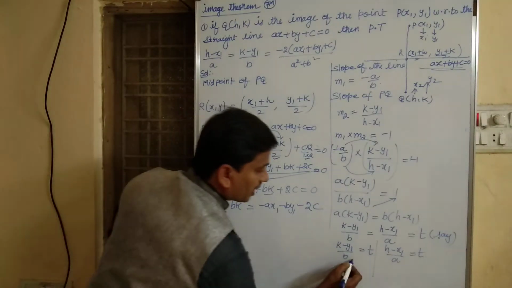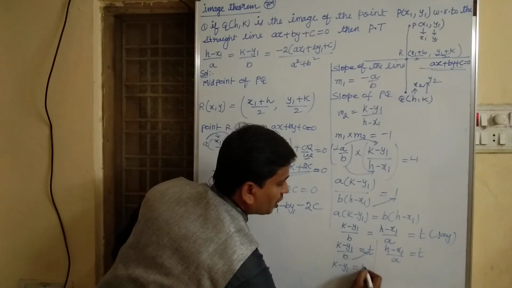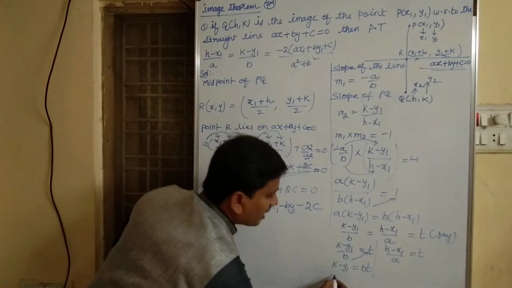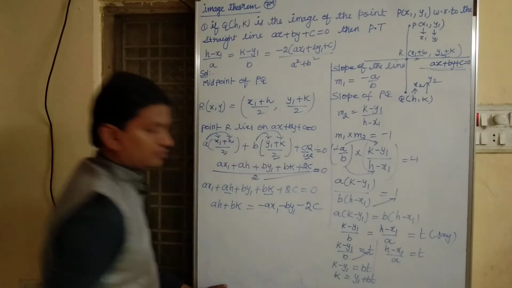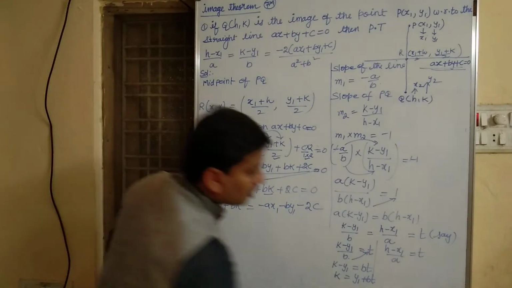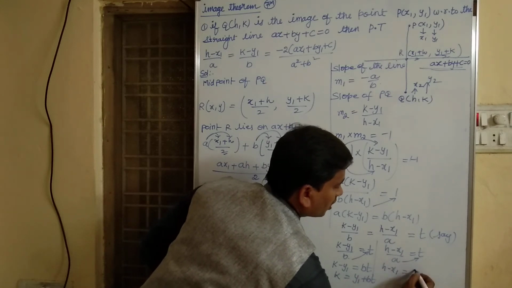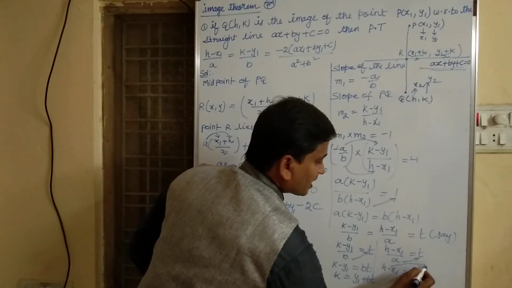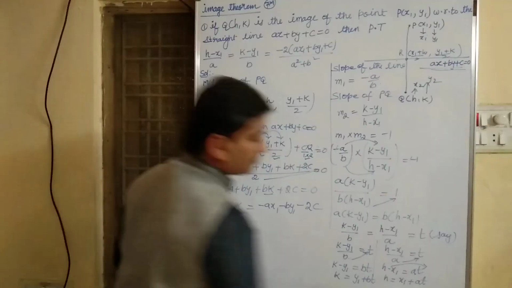So cross multiplication, k minus y1 is equal to b into t, bt. If you transpose minus y1, you will get k equal to y1 plus bt. Similarly, cross multiplication, h minus x1 is equal to a into t, at. If you transpose minus x1, it will become h is equal to x1 plus at.